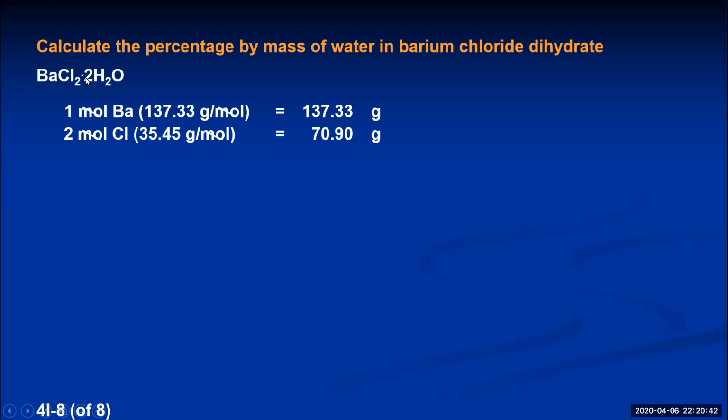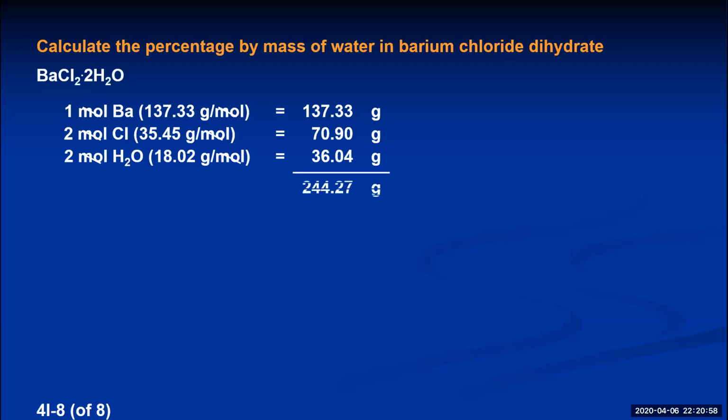And there are 2 moles of water in the formula. So I'm going to go 2 moles of water multiplied by 18.02 grams per mole. And so I can clearly see now how many grams of water there are in 1 mole of this compound. If I add all those numbers up, that's going to be the mass of 1 mole of the compound.